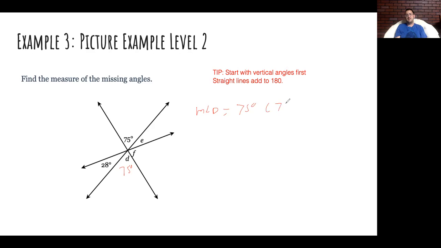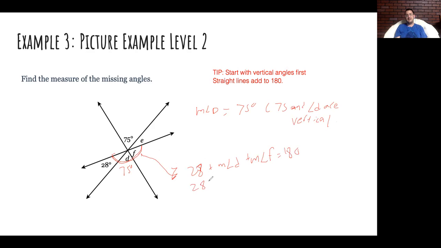since 75 and D are vertical. And then one thing that I notice here is that these three angles, so I could say that 28 plus measure of angle D plus measure of angle F equals 180.